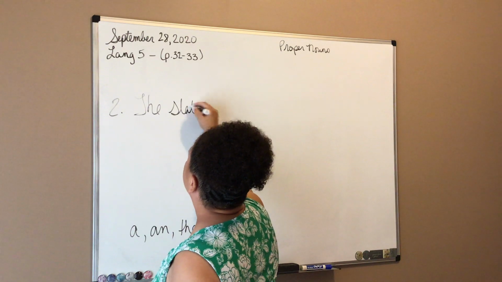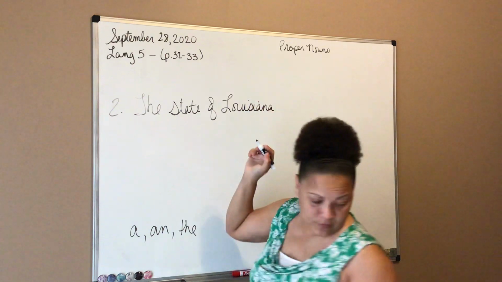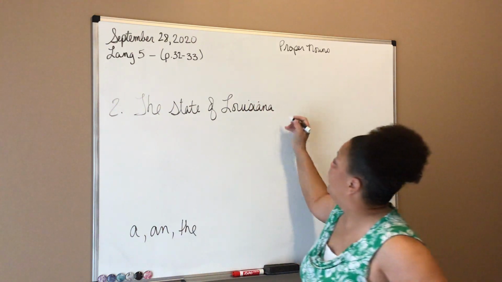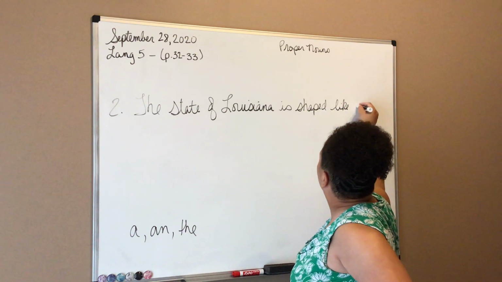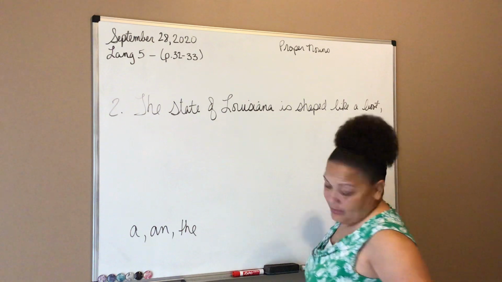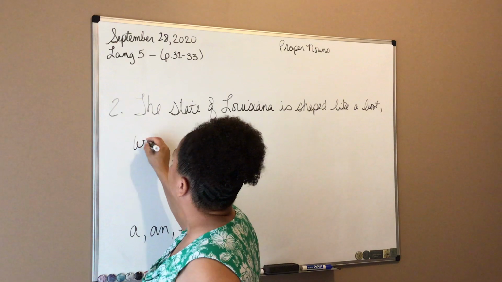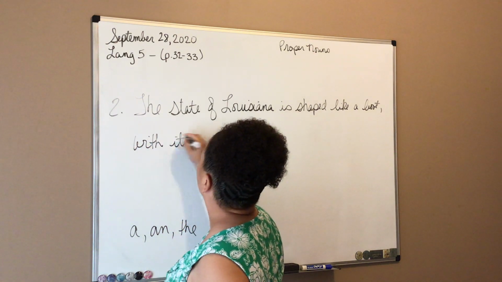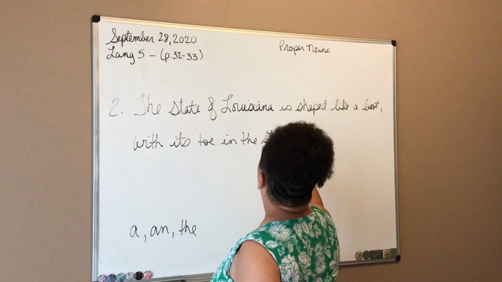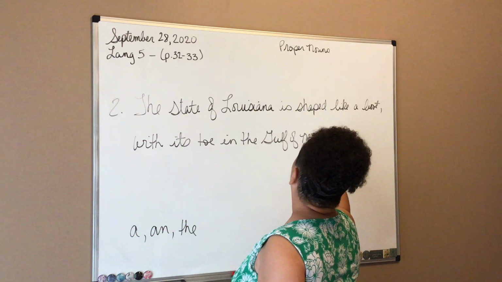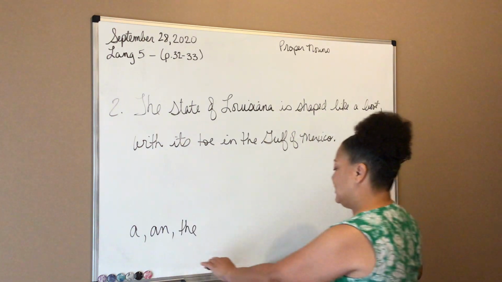All right, the state of Louisiana is shaped like a boot, comma, with its toe in the Gulf of Mexico. Period.